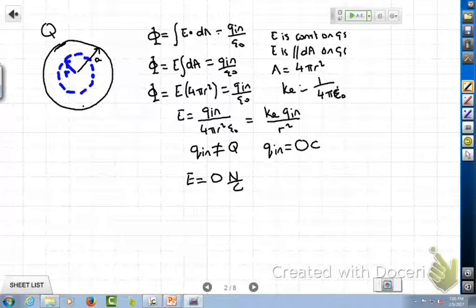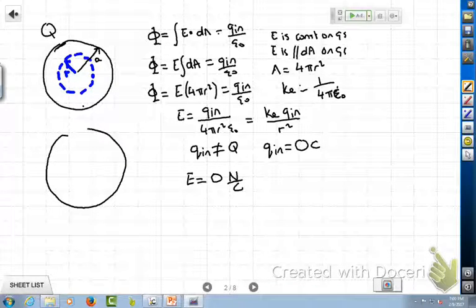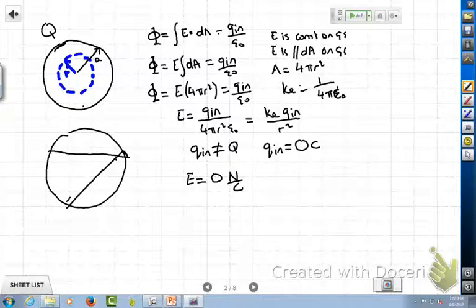And the trick is, if you imagine being there, you have stuff that's really close by, but there's not much of it. And that's balanced by all this stuff that's further away, but there's a lot more of it.